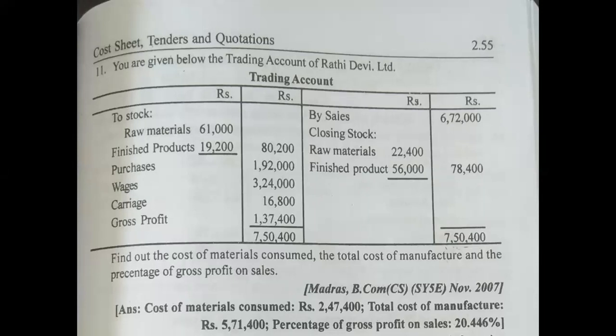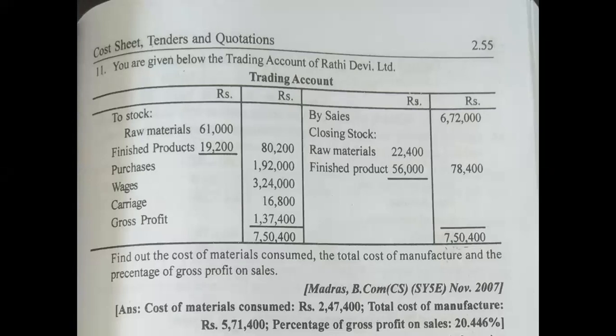You are given below the trading account of Radhi Devi Limited. We already studied the trading account in the first year or in your school days also. It starts with your opening stock, purchase related expenses, right? Then you can arrive at gross profit on the left hand side. On the right hand side, there are sales and the closing stock amount.